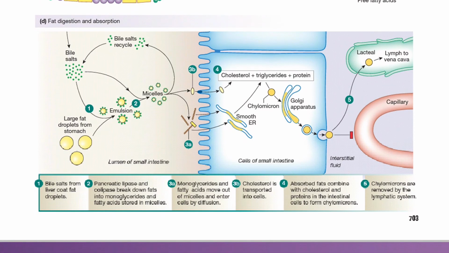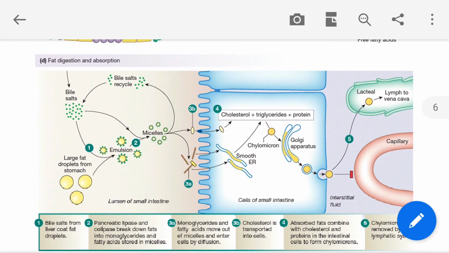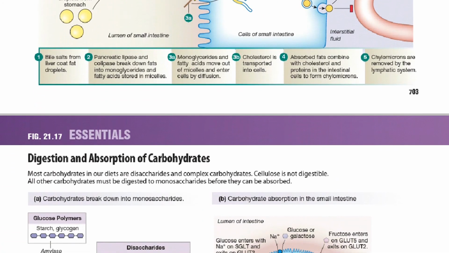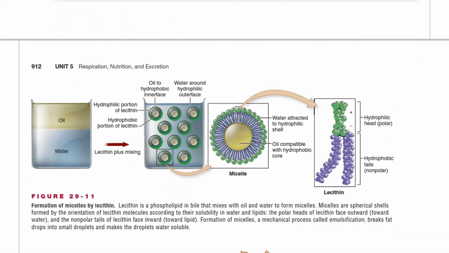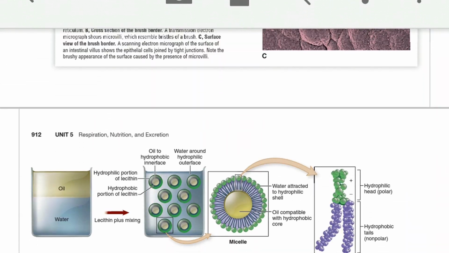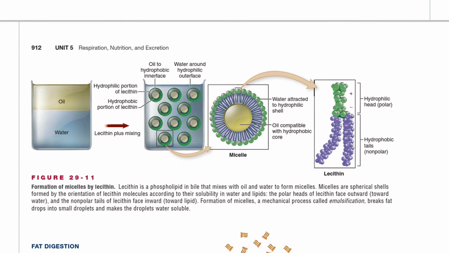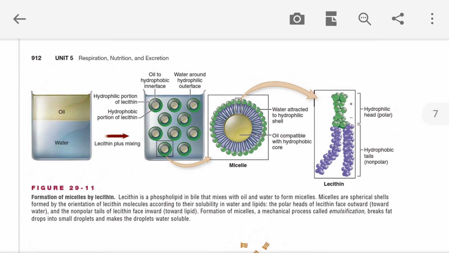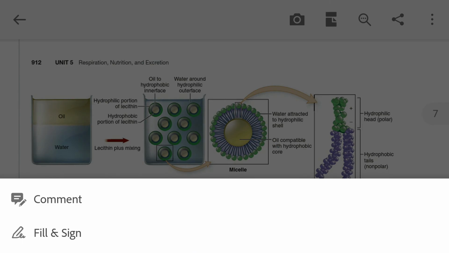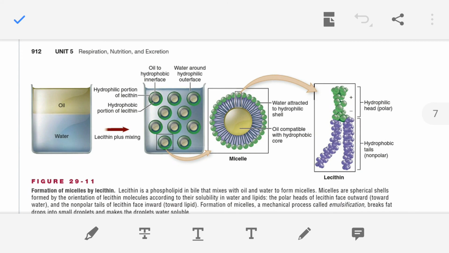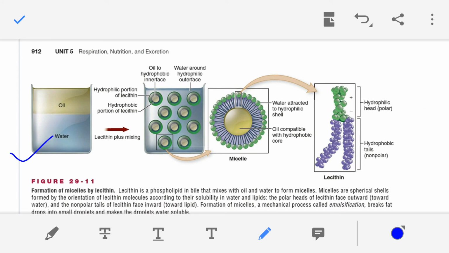Okay, now here this thing we need to understand, what is this. So here in the beaker there is water. Now in this beaker, which is half filled with water, we are adding the oil.